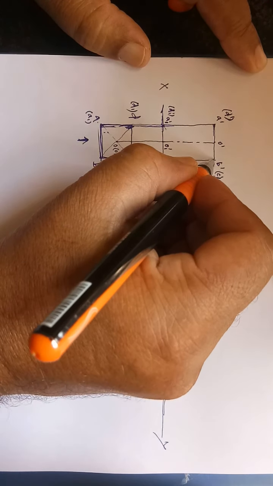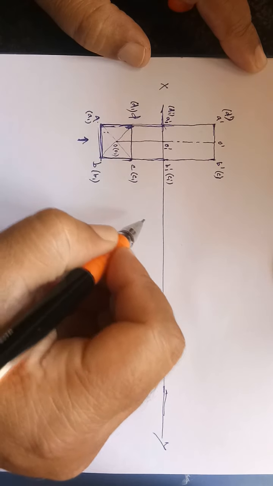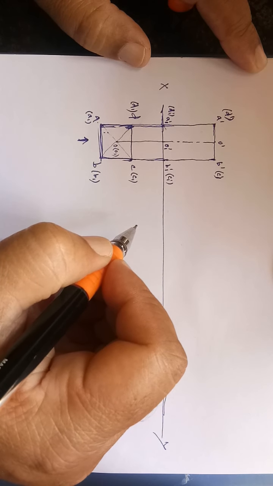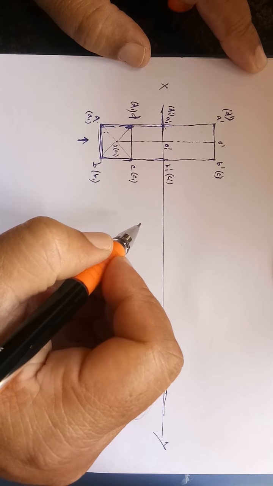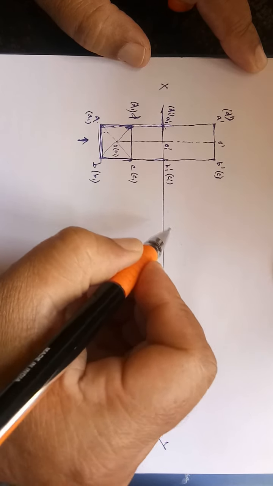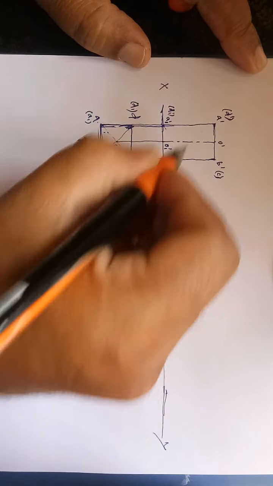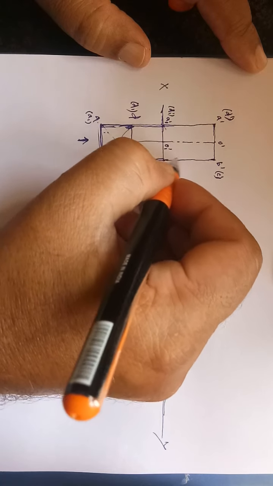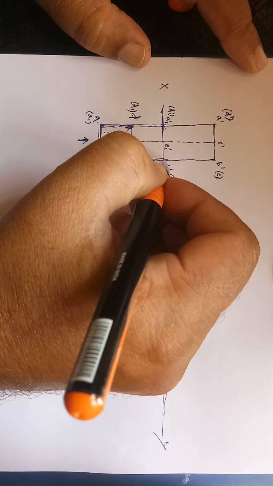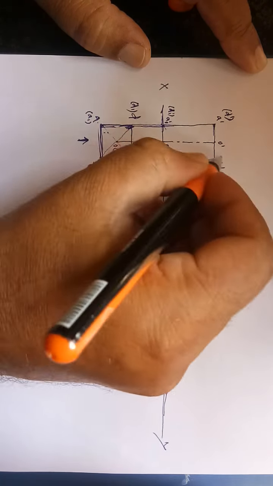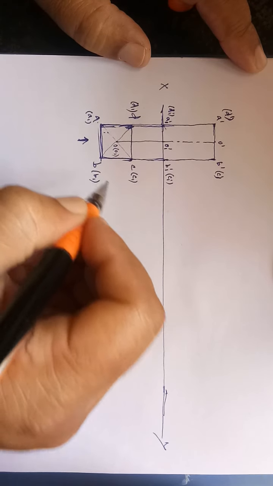So what is the HP condition? Suppose the axis is inclined to HP at 45 degrees. So you know the axis and the longer edge here in this figure are parallel to each other.